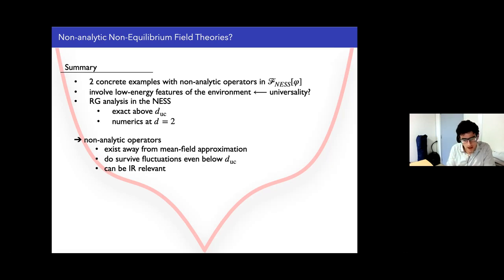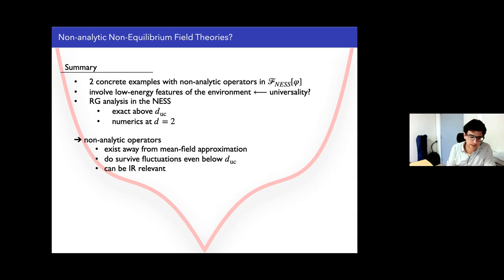So maybe we can contribute to redefining universality out of equilibrium. They are not an artifact of the mean field approximation, and that's good news because mean field is cheap, and it's enough to detect those non-analyticities at a relatively low cost.